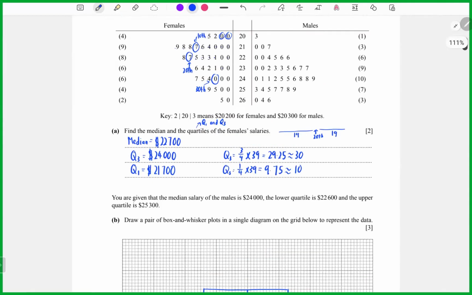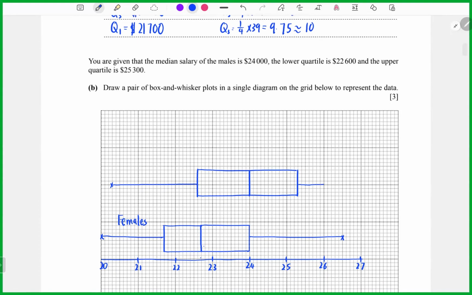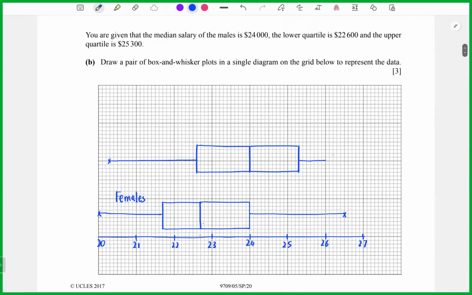Now we see the male minimum, which is actually 20,300, so we can label it here. The maximum is 26,600, so we mark it here. This is for the males. I hope you can understand this part.